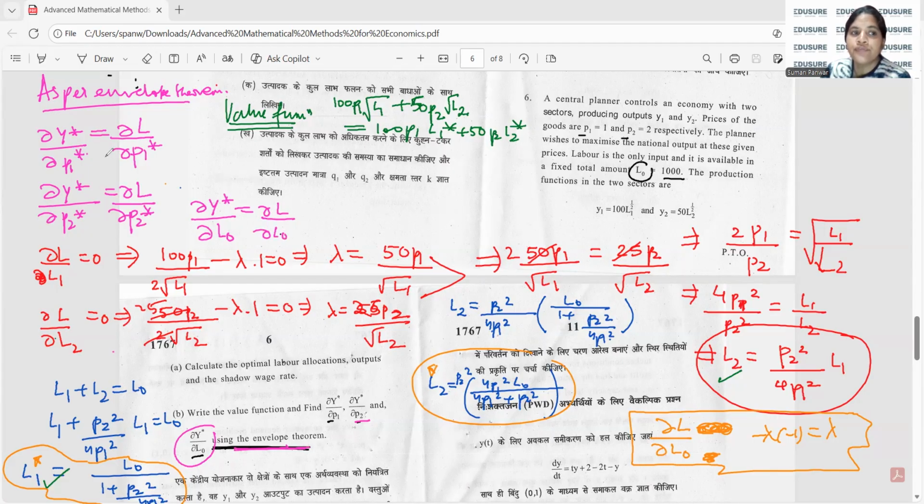So you don't need to differentiate y star. You only need to differentiate the Lagrangian with respect to P1, P2, and L naught.